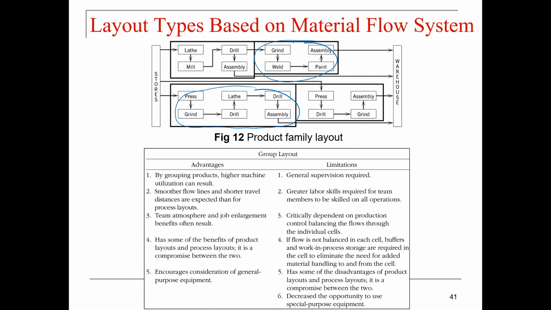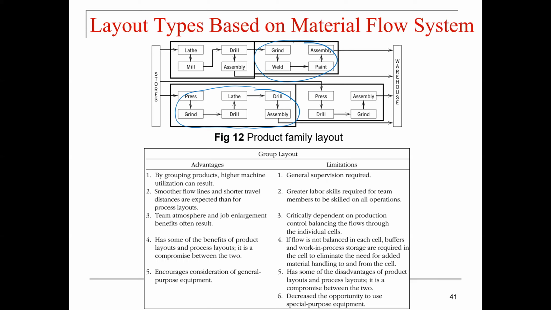So what are the advantages? By grouping products, higher machine utilization can result because you are producing different types of products continuously. Smoother flow lines and shorter travel distances are expected than, for example, process layouts.